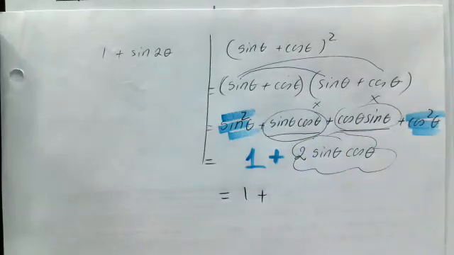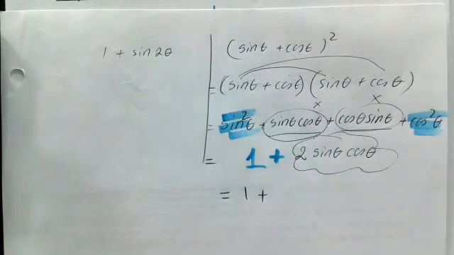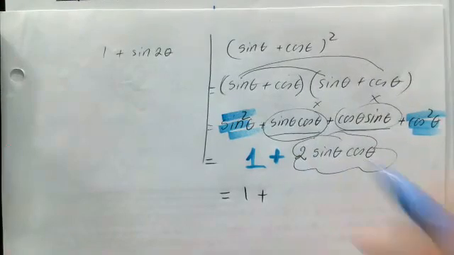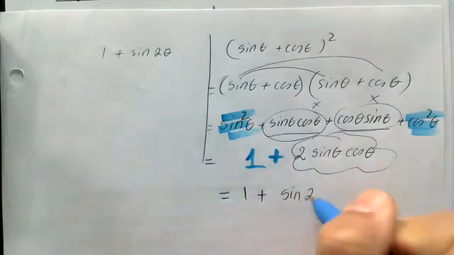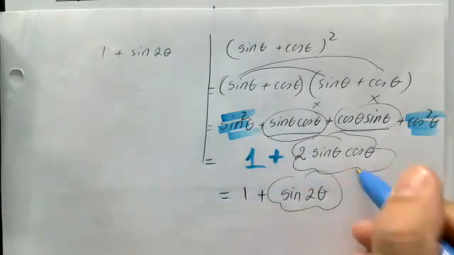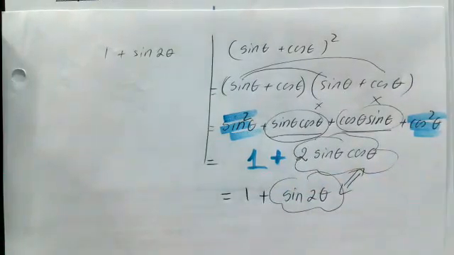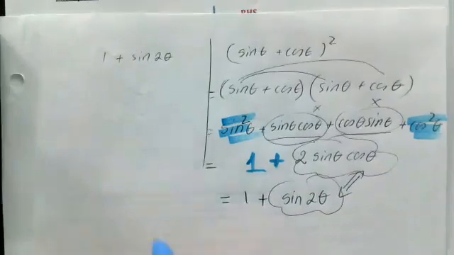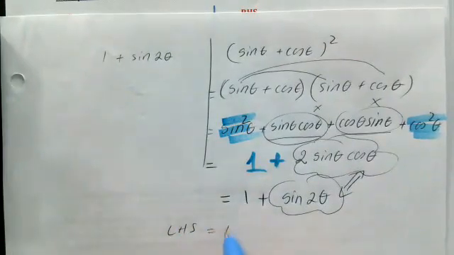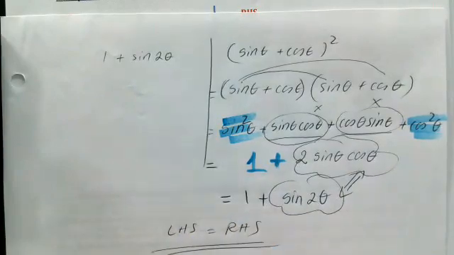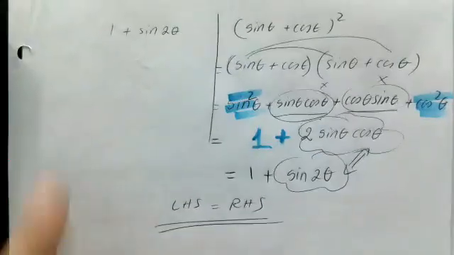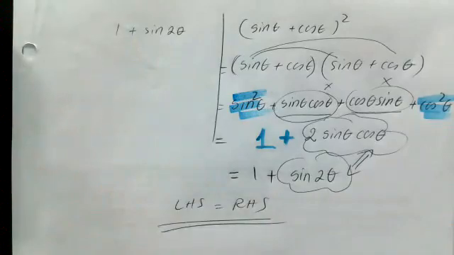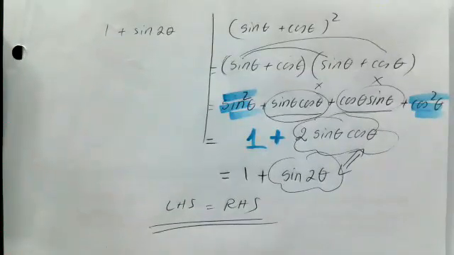That's the double angle identity for sine. So sine of 2 theta. So these two are equal. The left-hand side equals the right-hand side. So always make sure you write that at the very end. Make sure they are equal. Too easy.